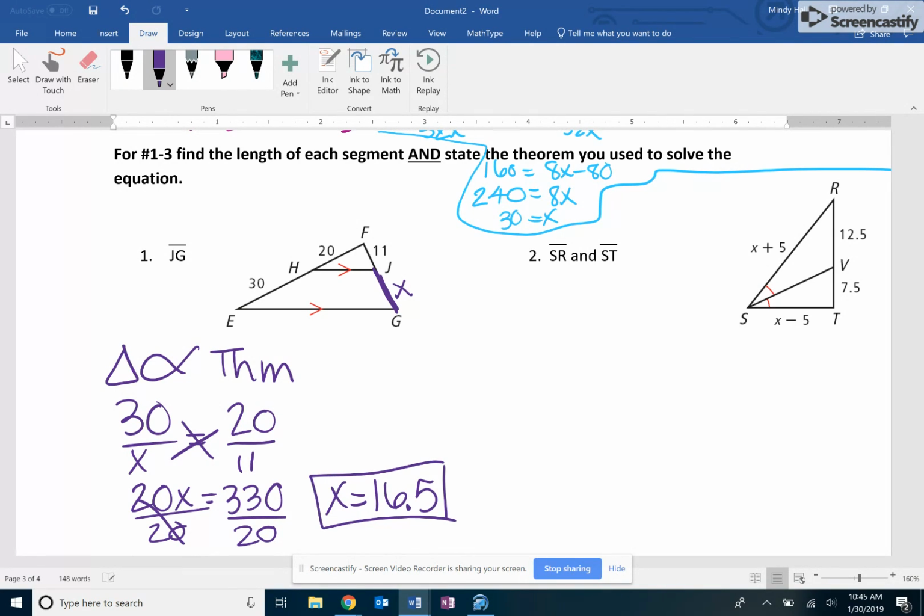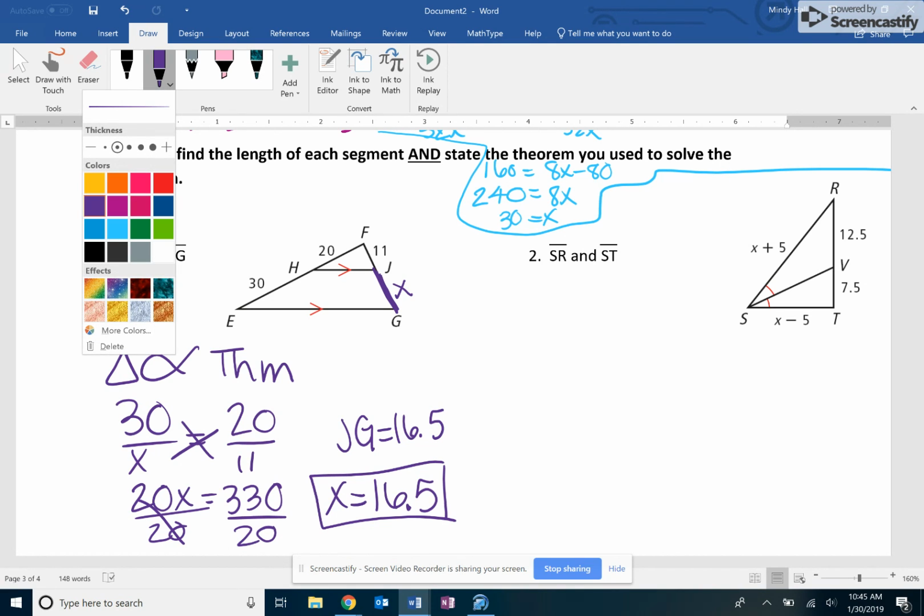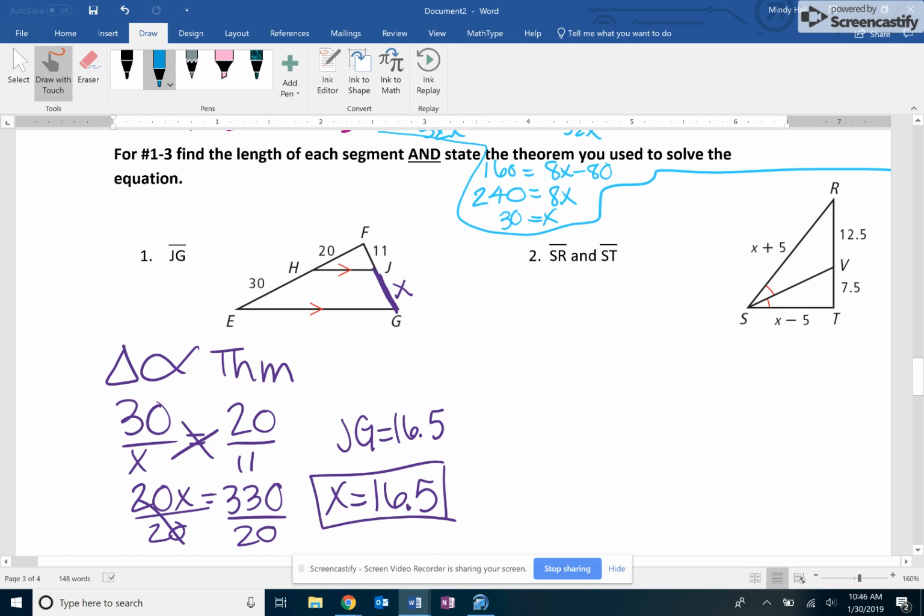And then you just do a quick check. 16.5 is x. What did x represent? It represented JG, and JG is what I was trying to find. So if you really want to, you could also write it as JG equals 16.5, and that'd be totally fine too.